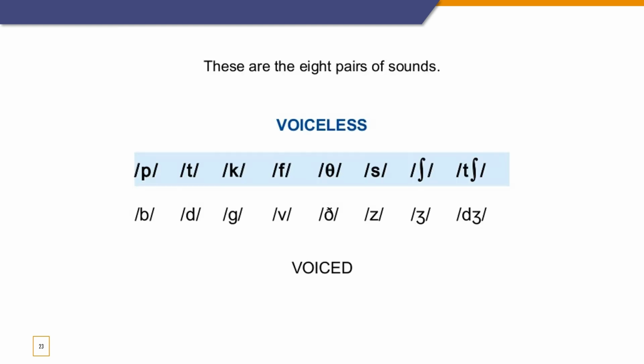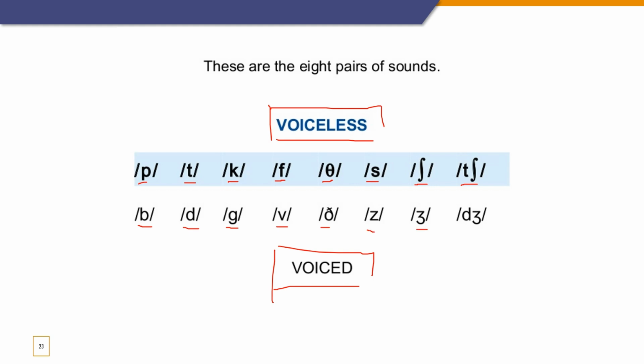These are 8 pairs of sounds, which are divided into voiced and voiceless sounds. For the voiceless, we have the sounds, and about the voiced, that means you make the sounds b, d, g, v, and so on.